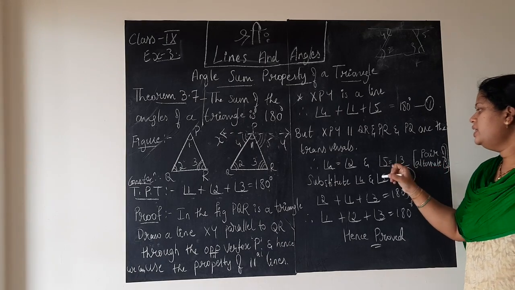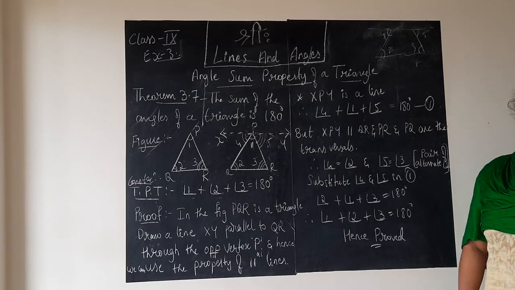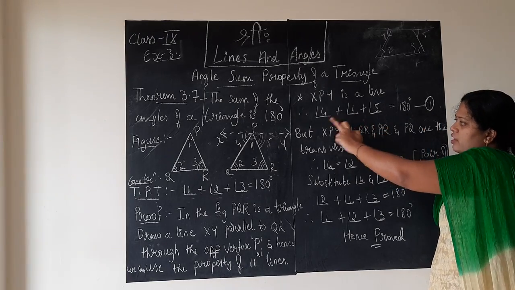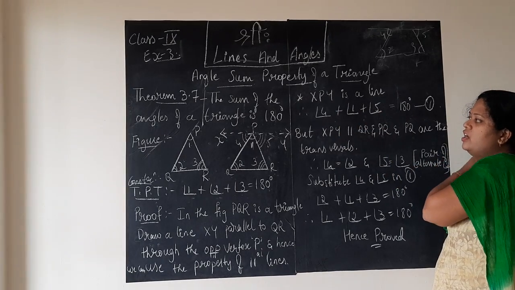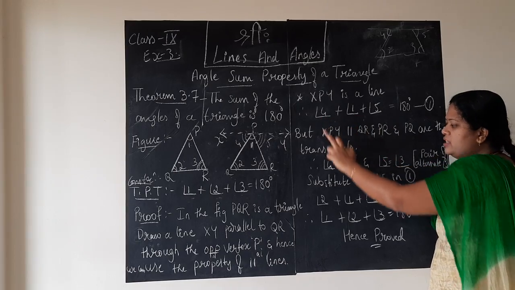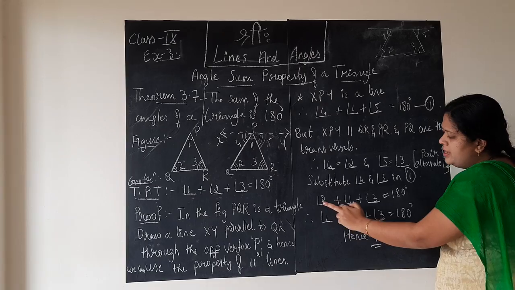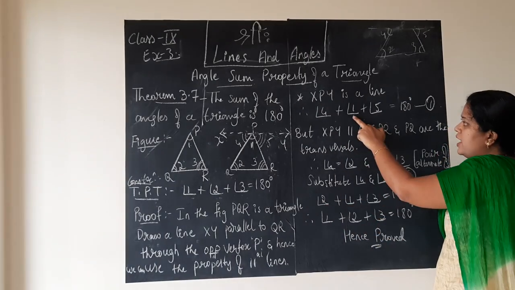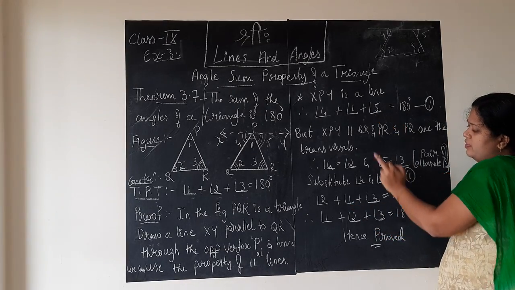Angle 3. Let us substitute these values of angle 4 and angle 5 in equation 1. So, this is our equation 1: angle 4 plus angle 1 plus angle 5 is 180 degrees. Now, in equation 1, in place of angle 4, I am substituting angle 2. Angle 1 as it is. But what is angle 5 equal to?